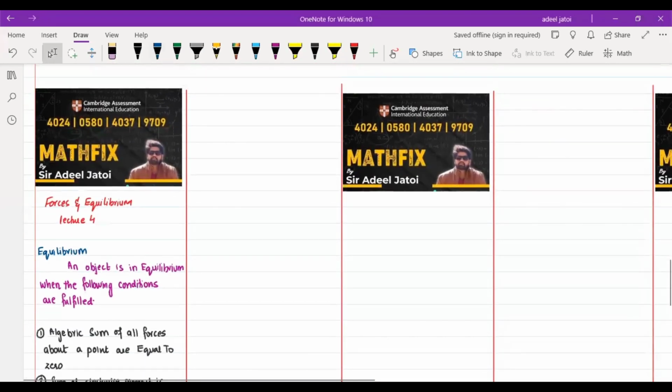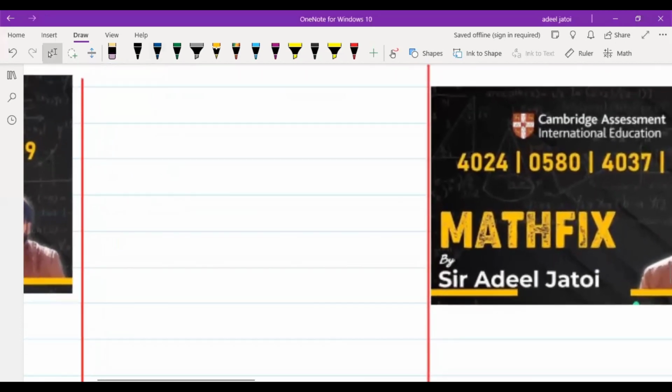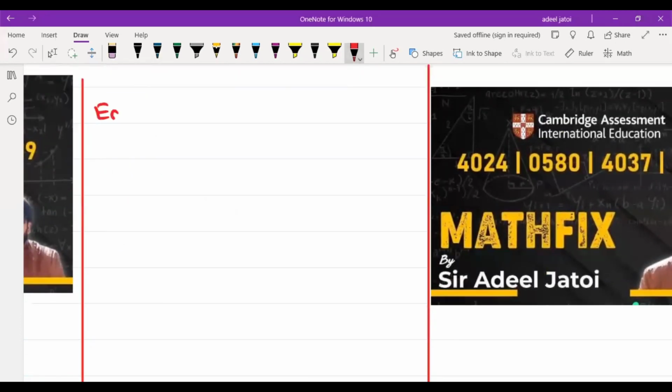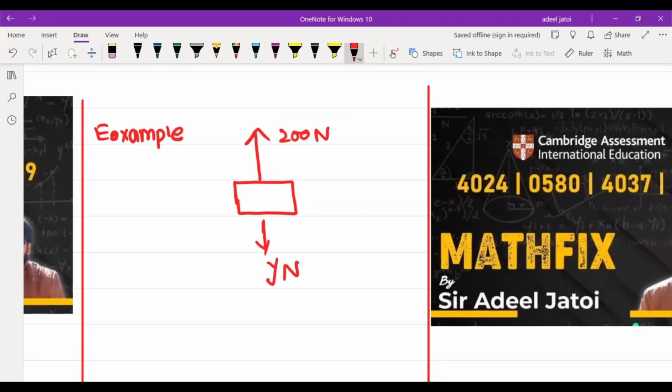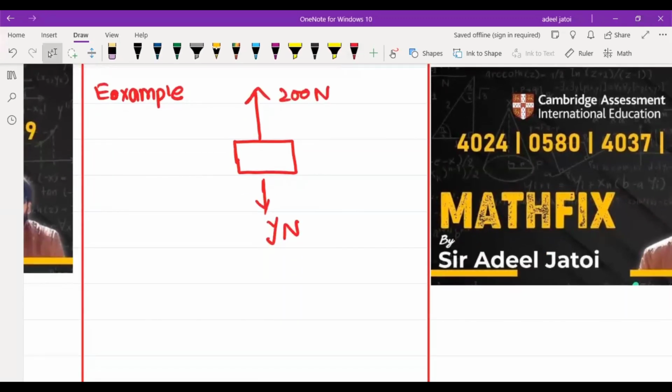Now let's work on the vertical force. Another example: if there is an object, and there is a force acting upwards of 200 Newton, and a force acting downwards, let's take it as y Newton.